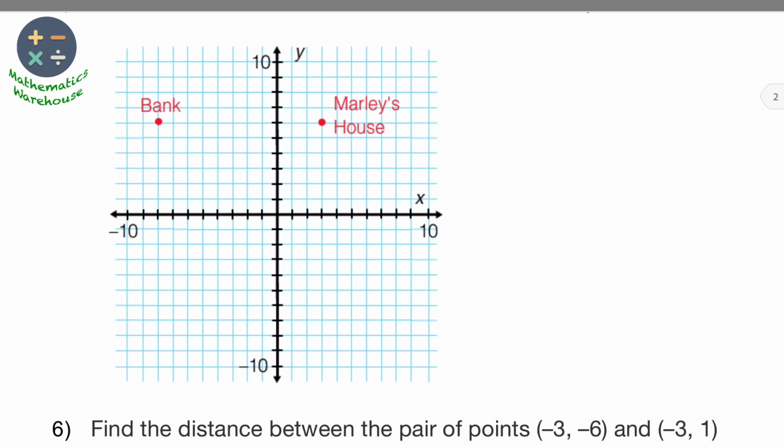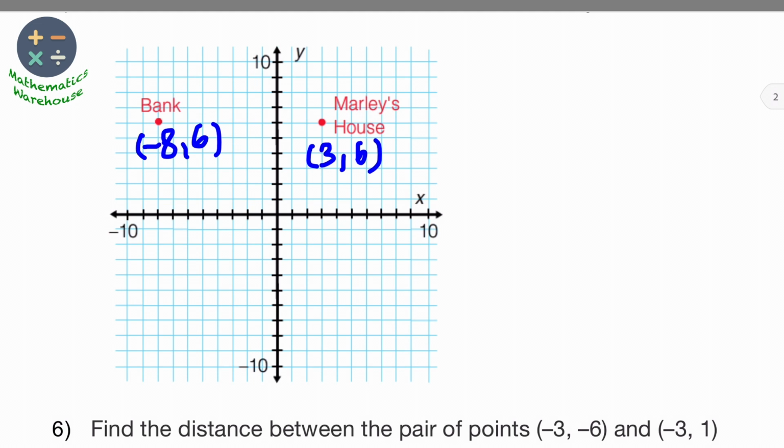Let us see. Example. Here he wants to determine the distance between the bank and Marley's house. As you notice, the bank is at (-8, 6), and the house is at (3, 6). Here the change is in the x coordinate, because the change is horizontal.